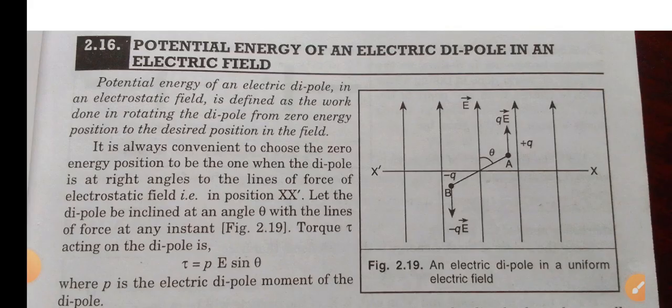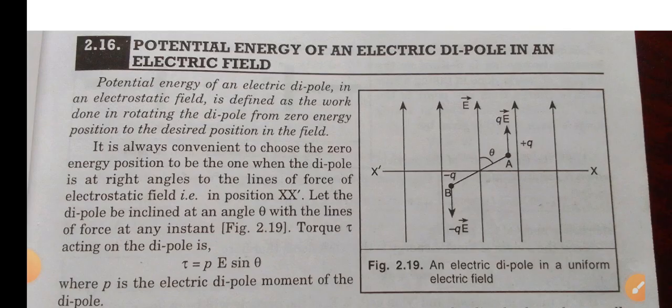Potential energy of an electric dipole in an electrostatic field is defined as the work done in rotating the dipole from zero energy position to the desired position in the field. So it is always convenient to choose the zero energy position to be when the dipole is at right angles.